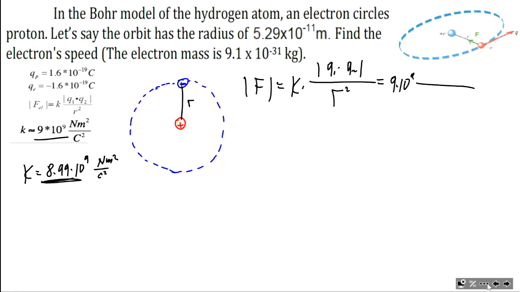I'm just going to plug in numbers. 1.6 times 10 to the negative 19th. That's the charge of a proton. But the elementary charge is equal to the magnitude of the charge of a proton and the magnitude of the charge of an electron. They have the same charge. So we just have to square the elementary charge here, divided by the distance squared.